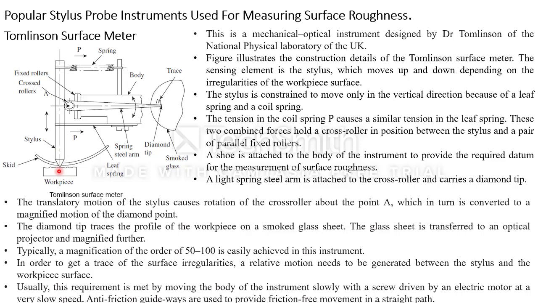This relative motion can be achieved by connecting a small electric motor beneath this workpiece, with frictionless grooves provided, so that the slow movement of this workpiece parallel to the stylus will give me the entire profile of the roughness of a workpiece.